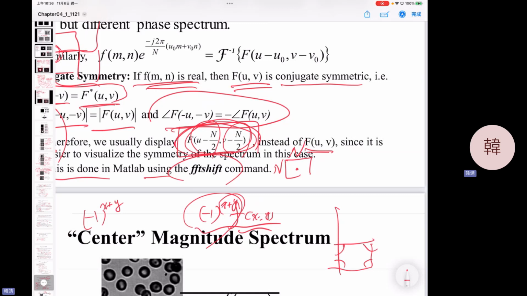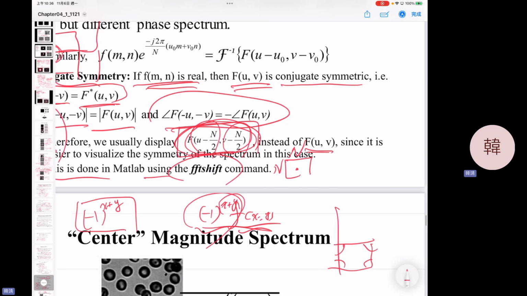You alternately switch your image in the spatial domain by this coefficient, -1 to the power of x plus y, the coordinates of your pixel location. In this way, it is going to shift there.